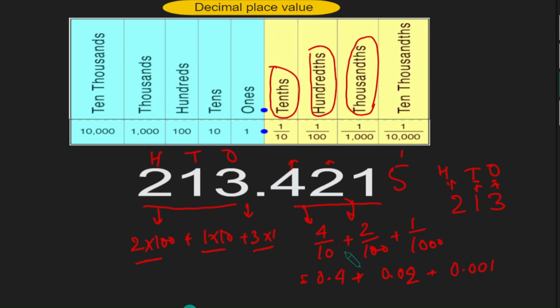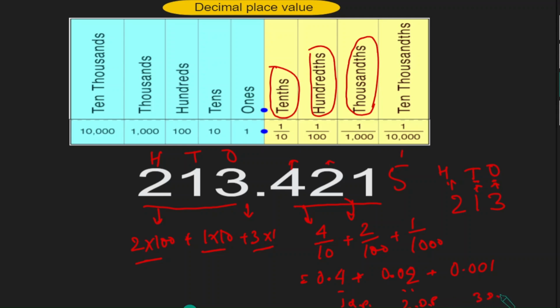When we talk about decimal places, it is the number of digits after the decimal point. Here the number of digits after the point is 1, so it is 1 decimal place in 0.4. In 0.02, the decimal places are 1, 2, so you can write here 2 decimal places.